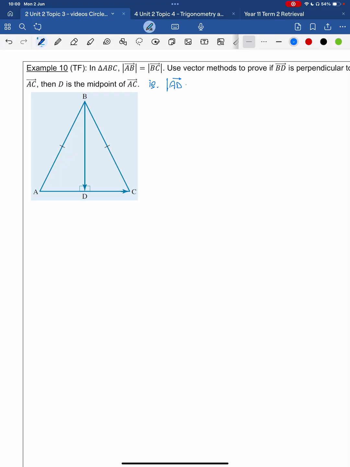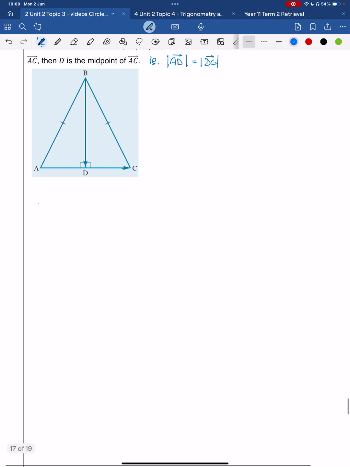AD is equal to DC. All right. So required to prove that AD is equal to DC.